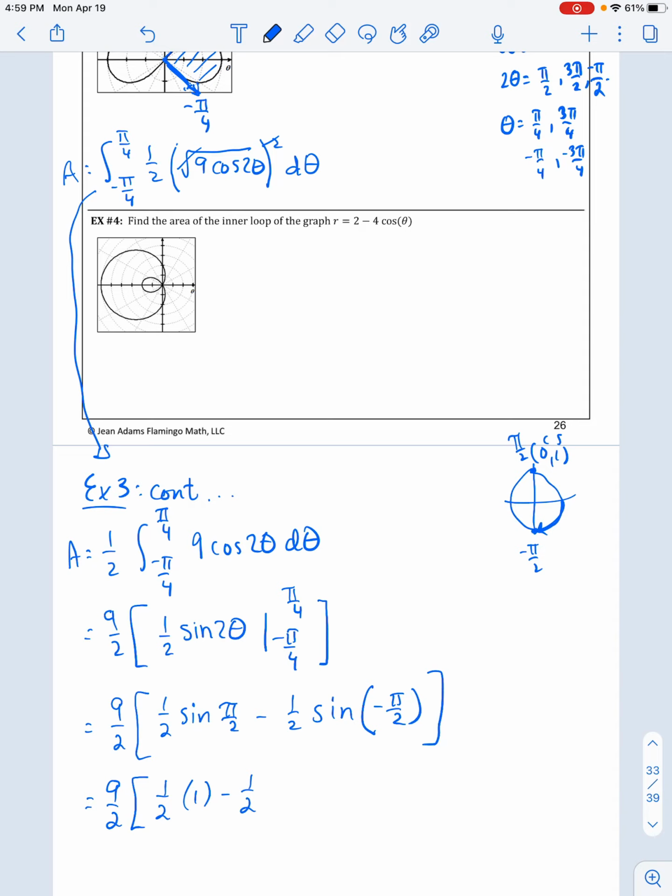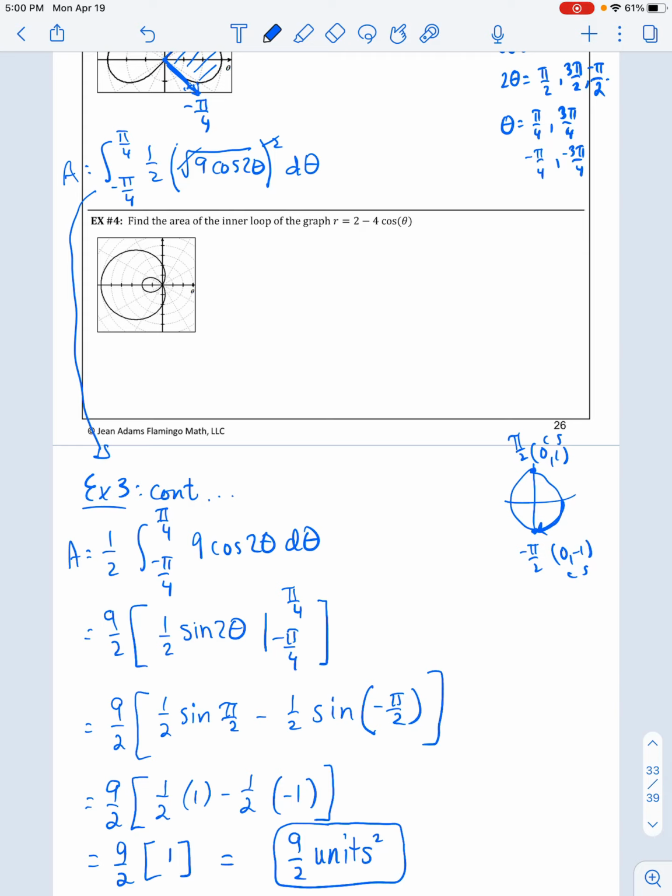But this one down here is negative pi over 2, because I would start here and go in the negative direction to get to that one. This is the point 0, negative 1, cosine, sine. So this is times negative 1, giving us 9/2 times 1/2 plus 1/2. Well, that's 1. And so I get 9/2 units squared.